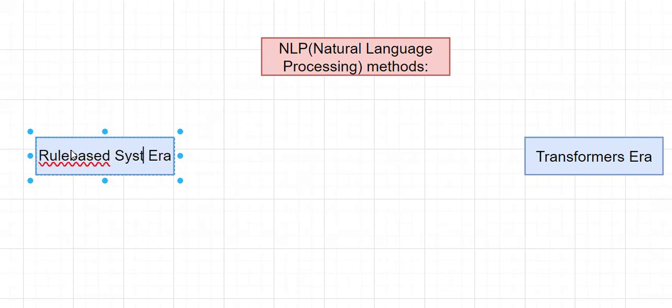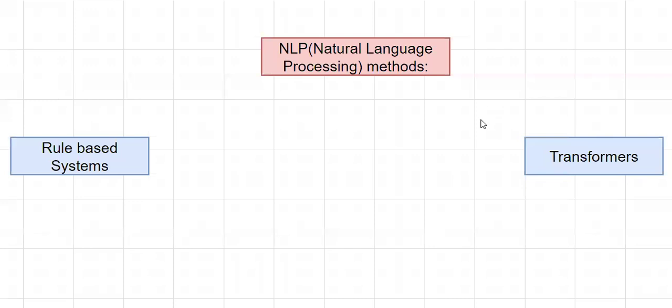By using these rule based systems, we were doing natural language processing, analyzing our natural language, processing it, and providing the response from that processed data.